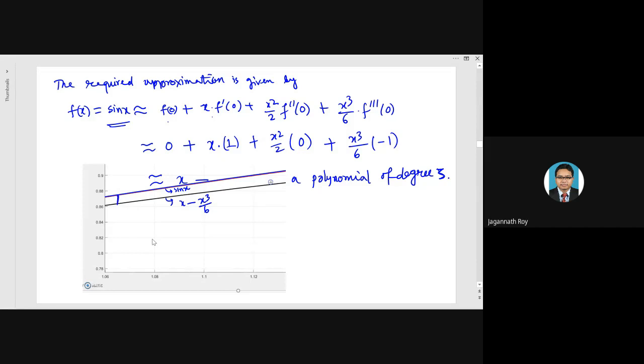You can see that there is a gap. It is not matching at x equals 1.06. So up to which value it can match, after that we have to calculate. The error, that means the difference between this curve and this curve, the length, for example this distance, is bounded by 0.001. This distance we have to calculate. This is R3.